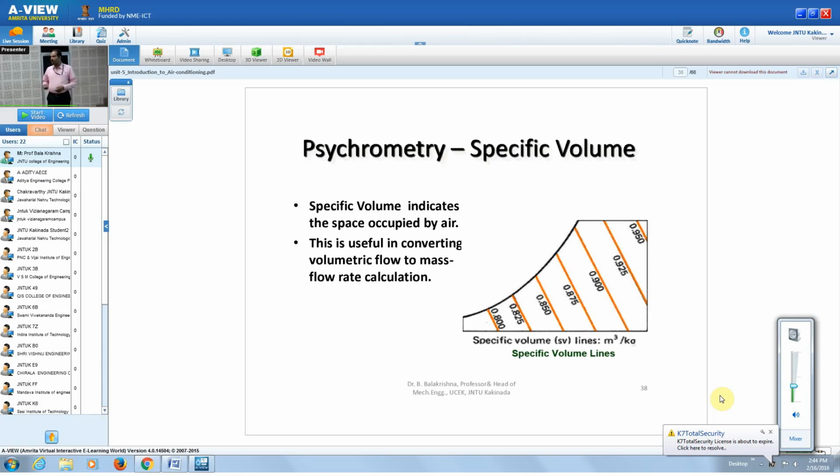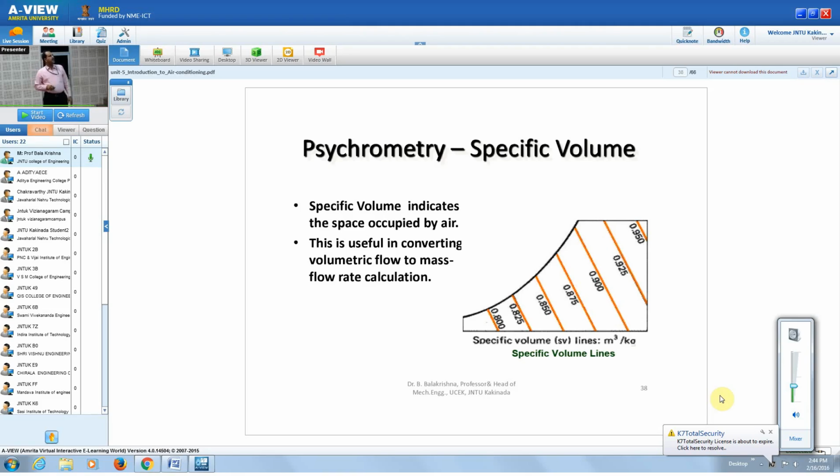Then the specific volume lines. This is all in only a single graph: the specific volume lines, then the dry bulb temperature line, wet bulb temperature line, relative humidity line, all in only one graph. That's why I am showing all these clearly. The specific volume indicates the space occupied by air.